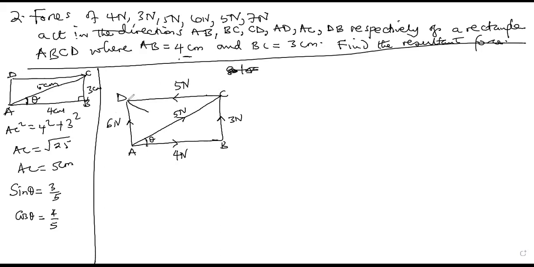DB, you're coming like this. So DB is here, and that DB is 7 newton. So also at a certain angle theta. So it's that resolution of forces, resolving forces.